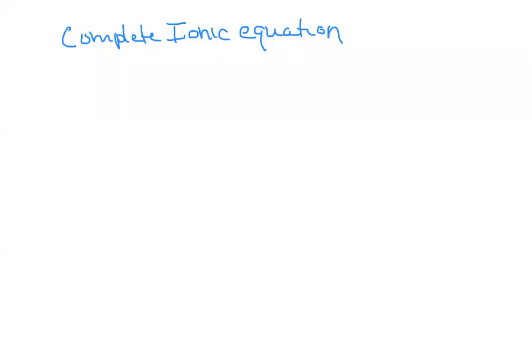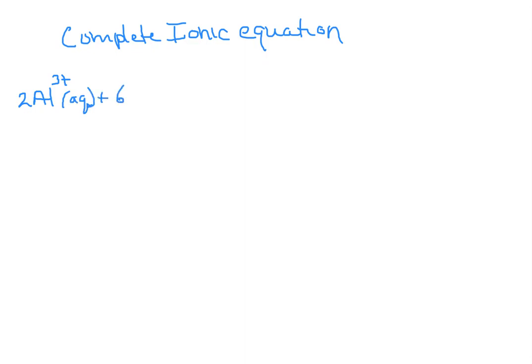And when we do this, we're going to put the charges above the elements. Okay, we got 2 aluminums, so we're going to write 2Al with a charge of +3, and that's aqueous.